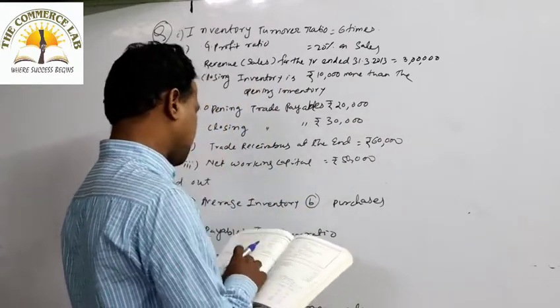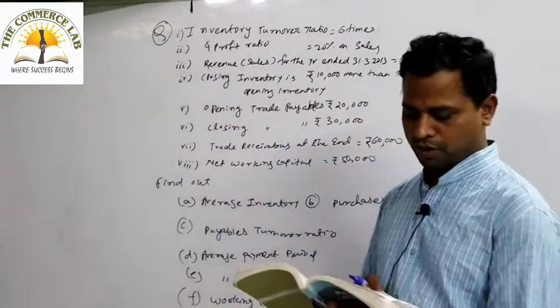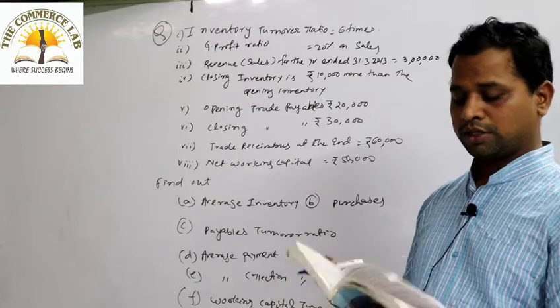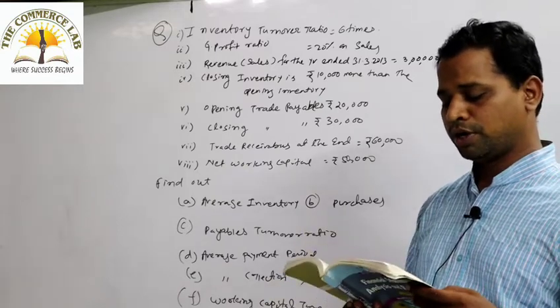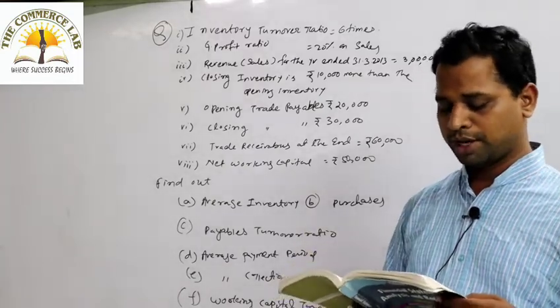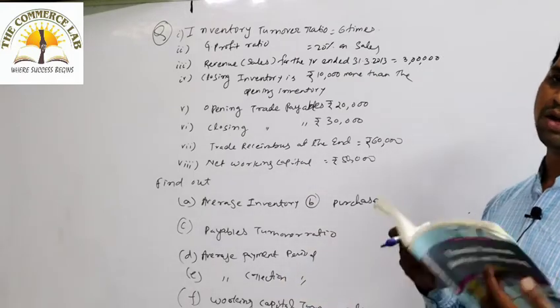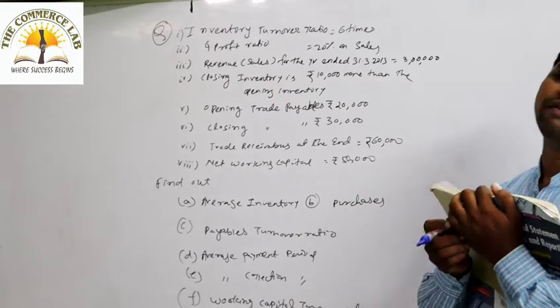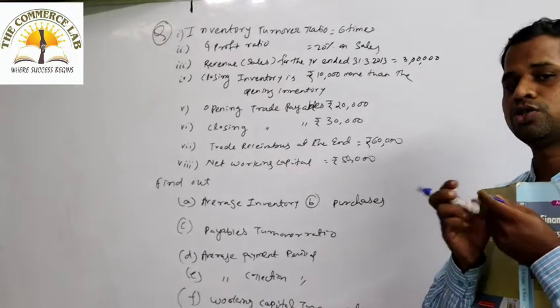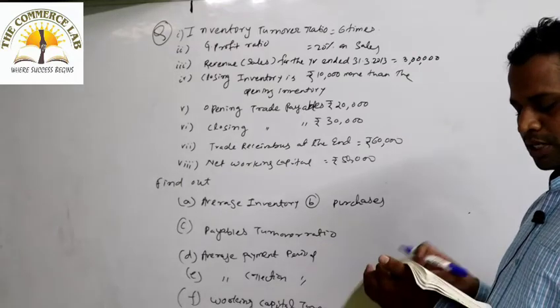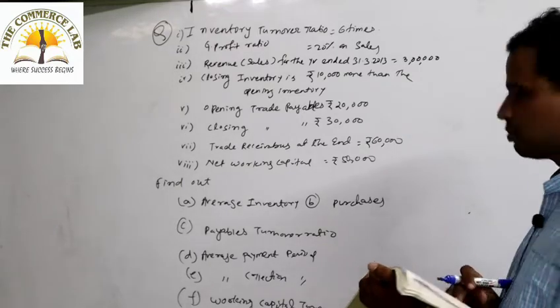Inventory turnover ratio is cost of goods sold divided by average inventory. Cost of goods sold is sales minus gross profit.